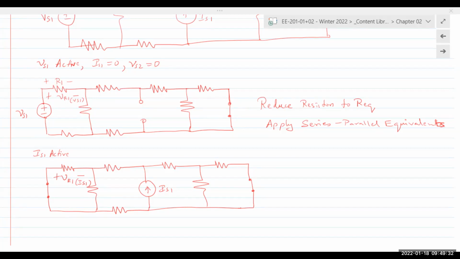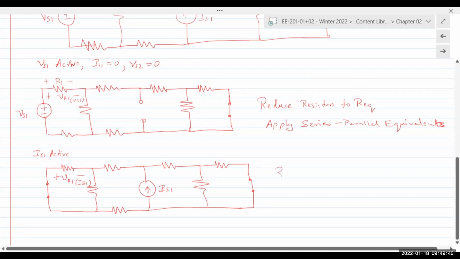And so this resistance is different than the resistance that you would get from here, IS1. Okay, so you have to perform a completely new analysis. You again repeat your analysis steps actually.